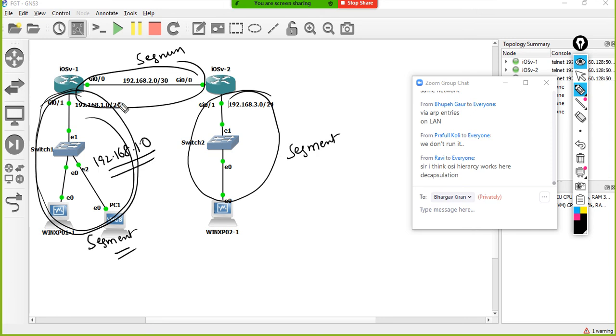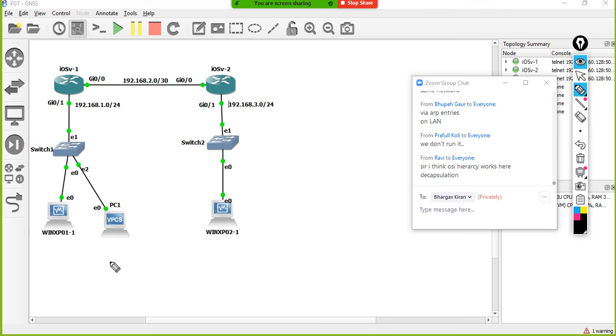In this segment, you are running the 192.168.2.0 network. In this entire segment, the 192.168.3.0 segment, right? So whenever you are in the same segment and trying to talk to each other, they do ARP. Got it now? I got it. That is the secret.